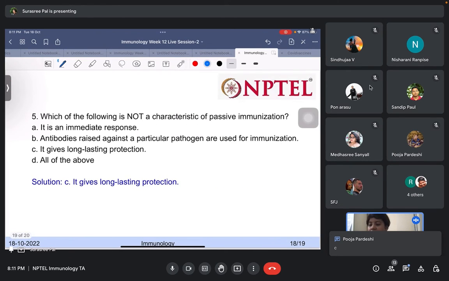Right. So the correct solution is C. Passive immunization does not give a long lasting protection.